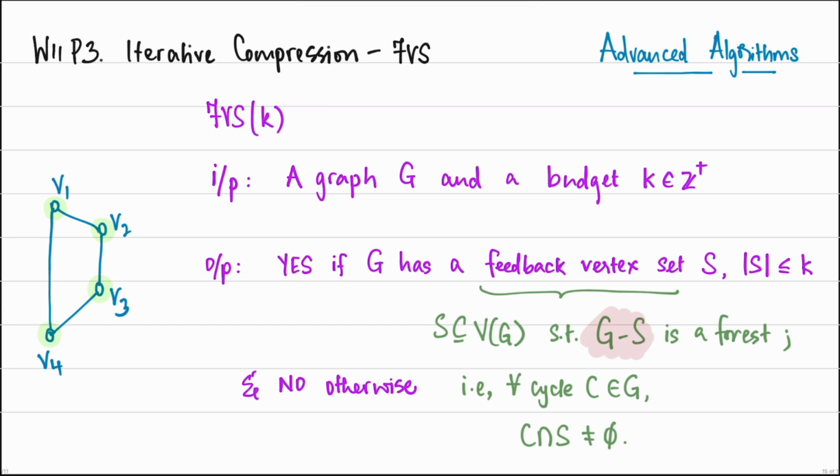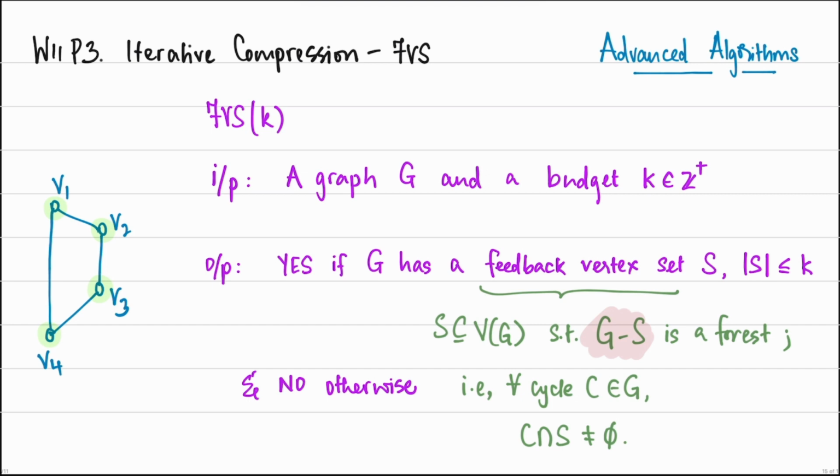But basically you cannot avoid all of these four vertices because that would mean that you still have a cycle left after the FVS is removed, right? So we have to make sure to pick at least one vertex from the vertex set of every cycle that we see in the graph, and hopefully we can do this cleverly in a way that one vertex knocks out many cycles and things like that.